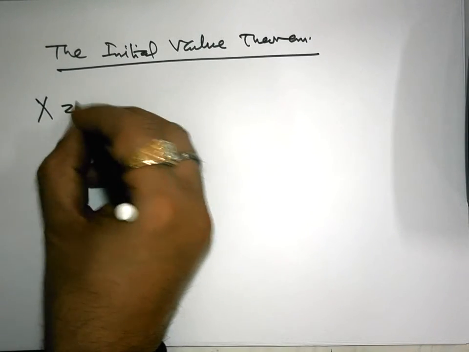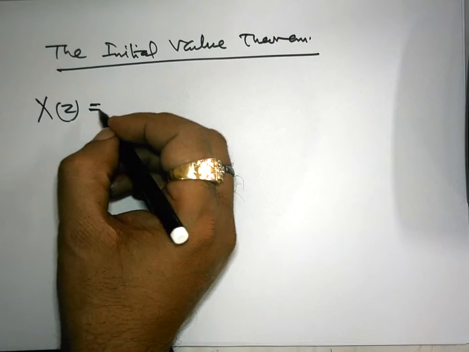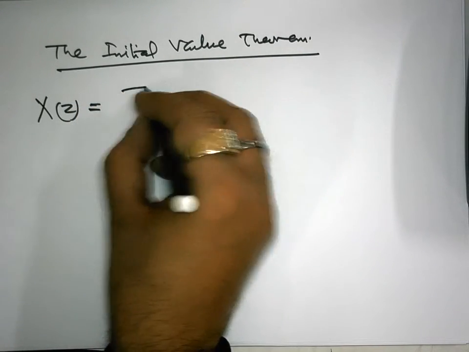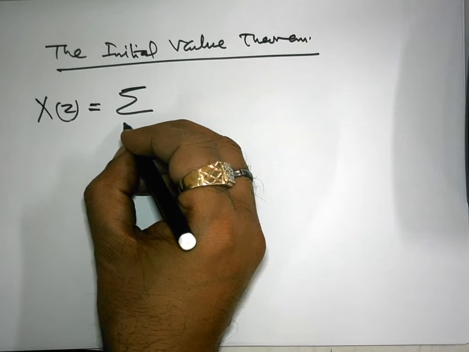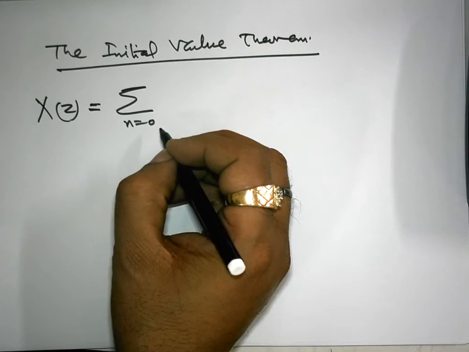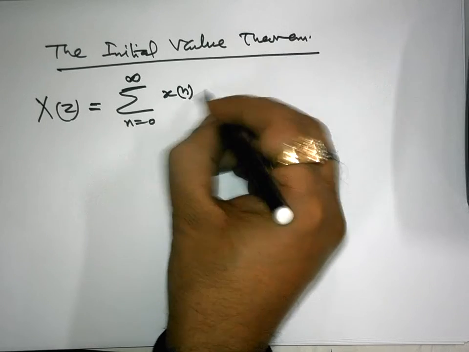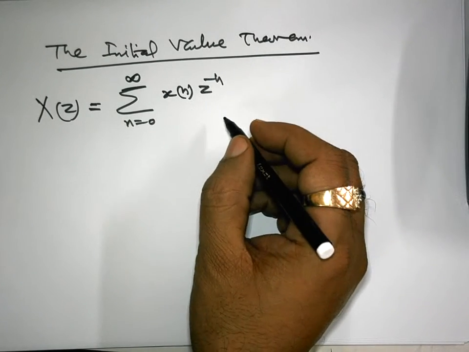If we write the defining relationship for the Z transform of a causal signal, it is the sum for n from 0 to infinity, because it is a causal signal, of x[n] z to the power minus n.